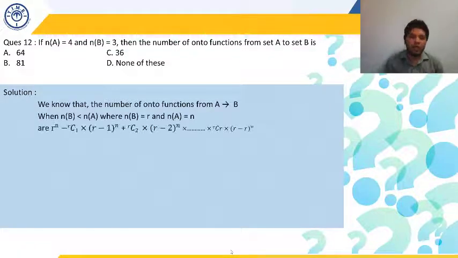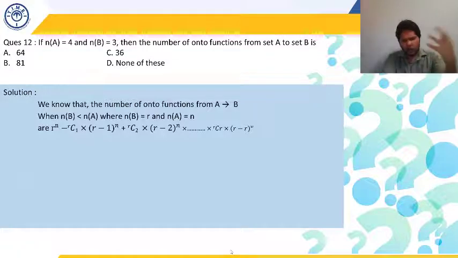By using this formula: R to the power N minus RC1 into (R minus 1) to the power N plus RC2 into (R minus 2) to the power N, and so on up to RCR into (R minus R) to the power N. So we can use this formula. I hope you have studied this formula in permutation and combination, and if not, then please note it down, as in functions you have studied this formula.